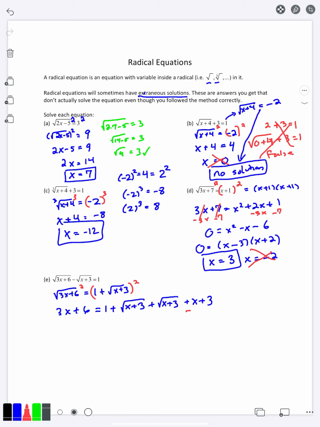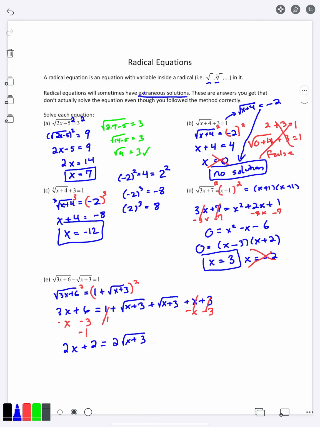Then I want to get the square root by itself, so I'm going to start moving everything else to the other side. This would give me a 2x plus 2. And the right side, I can combine those to make 2 times square root of x plus 3.